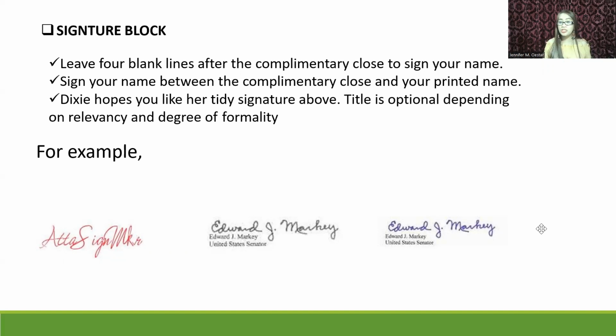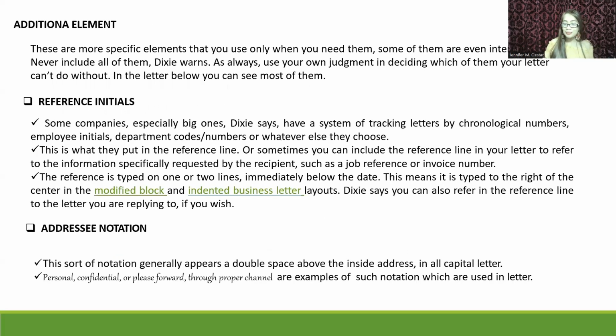Title is optional depending on relevancy and degree of formality. So here's an example of a signature line together with the actual signature of the person who wrote the letter. Now, let's proceed with additional elements.